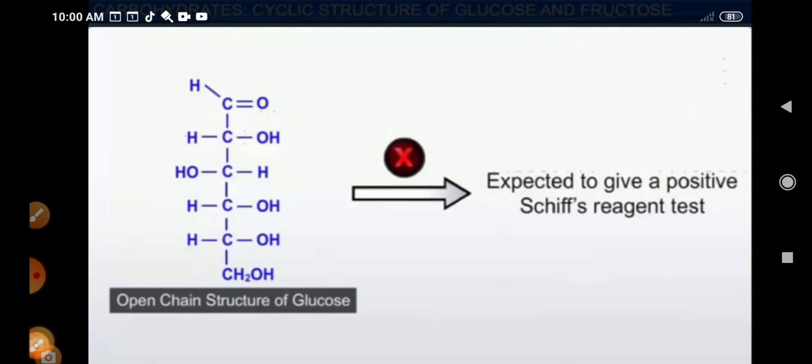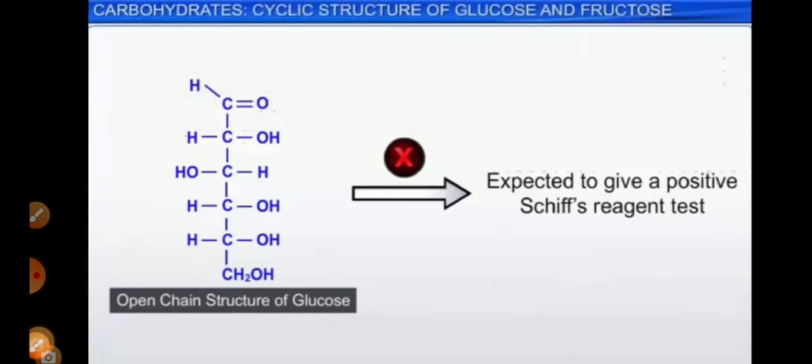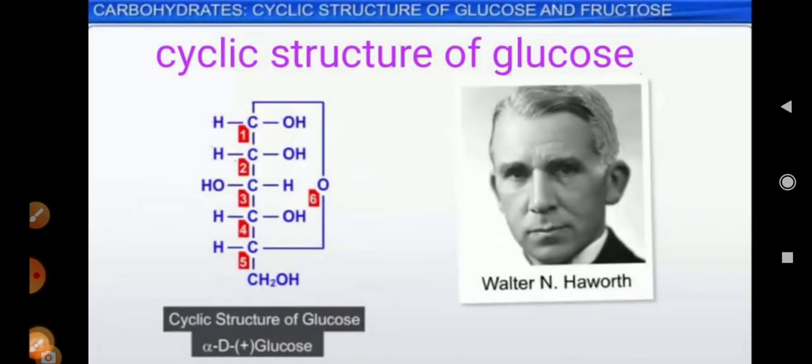So in the next video, we will be discussing another structure of glucose, that is the closed structure, the cyclic structure of glucose. What we have discussed here is the open chain structure. The cyclic structure will be explained in the next video, with details given by Walter and Haworth. Okay, so thank you everyone.